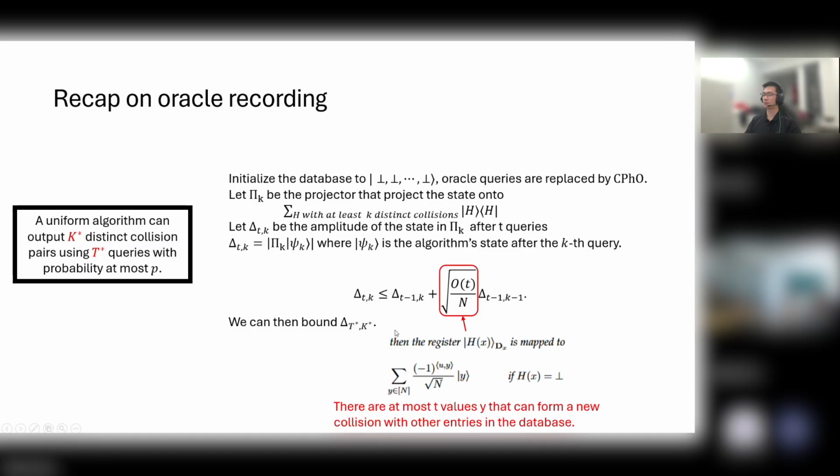Okay. So after introducing this slicing technique and oracle recording technique, we ask the following question, because from previous talks, you know that it's very hard to come up with this slicing argument if the problem has short outputs.